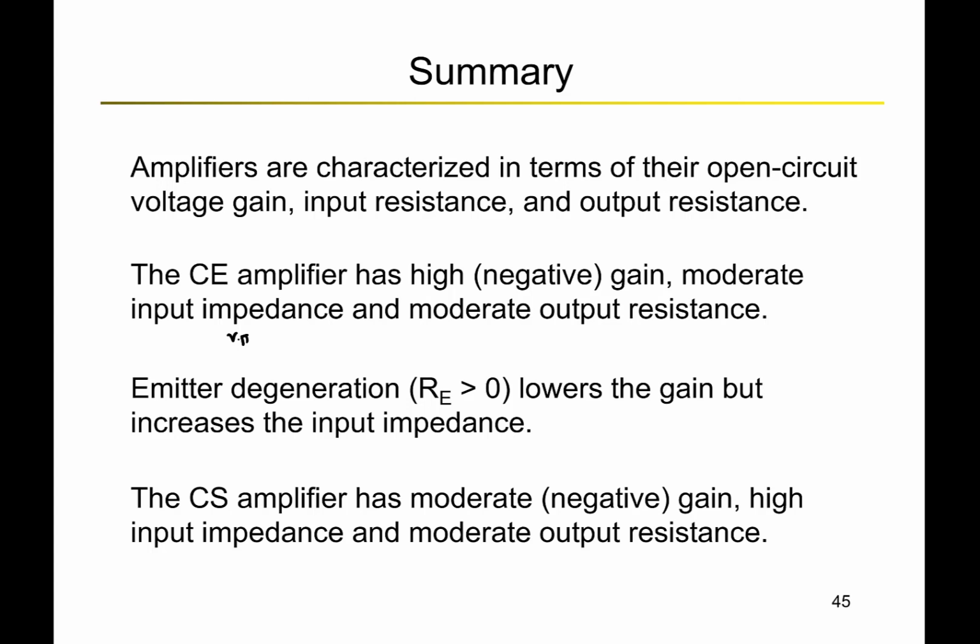If we do emitter degeneration, that lowers the intrinsic voltage gain but increases the Rin. Now, in case of common source amplifier, it still has a moderate negative gain, but it has a high input impedance because Rin tends to infinity, whereas moderate output resistance.